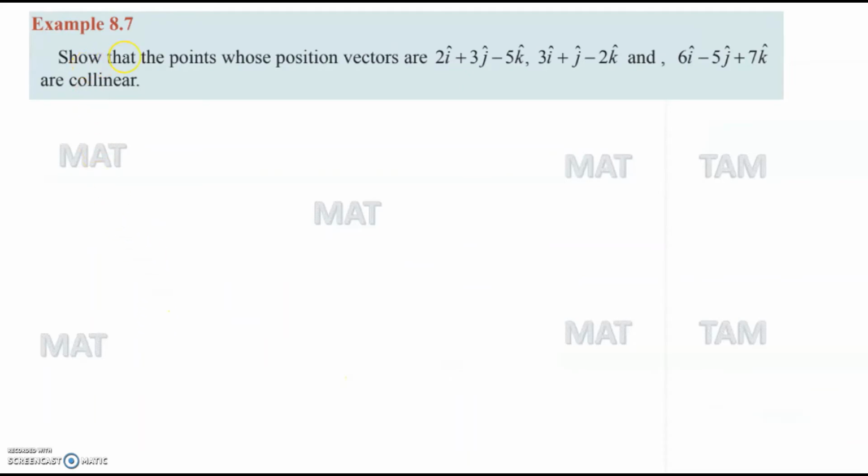In example 8.7, show that the points whose position vectors are 2i cap plus 3j cap minus 5k cap, 3i cap plus j cap minus 2k cap, and 6i cap minus 5j cap plus 7k cap are collinear. So let O be the origin.